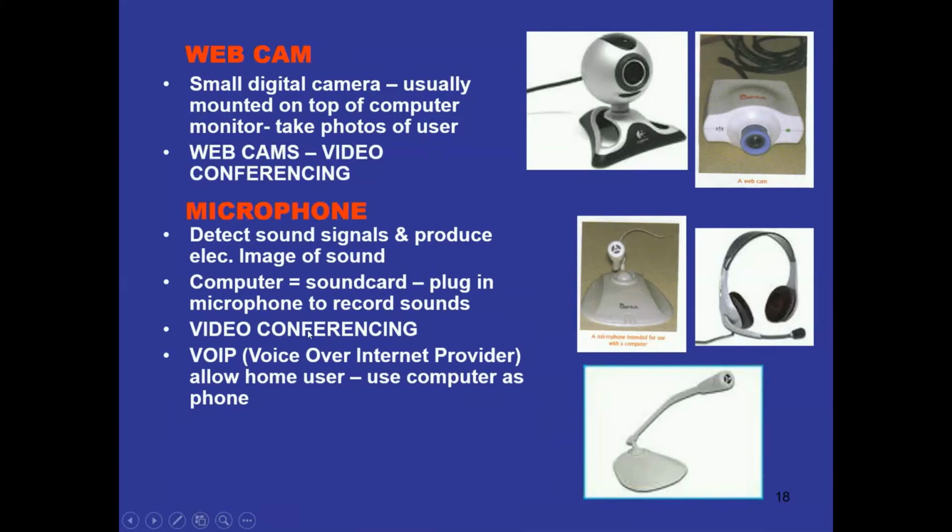Remember, I said you should be able to see with the webcam and hear the person. For you to hear somebody, their voice needs to be captured using a microphone. Obviously, another item for hearing somebody would be speakers, but they are not input devices.